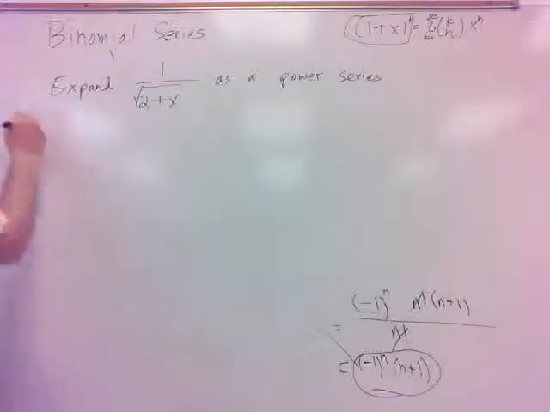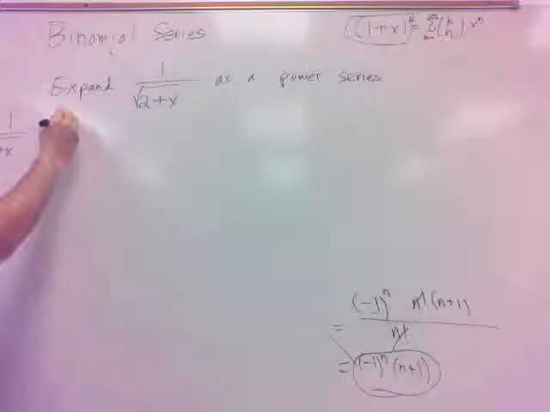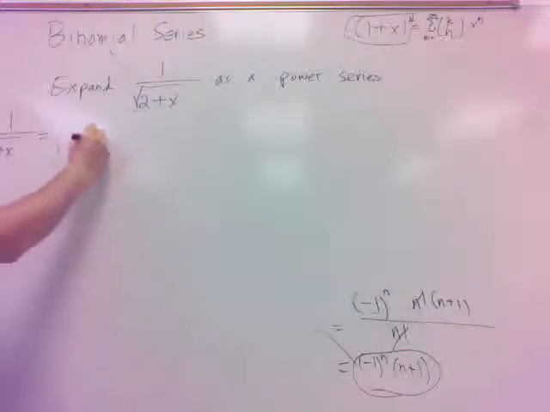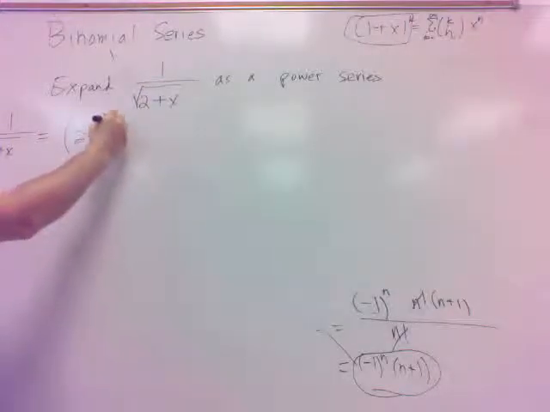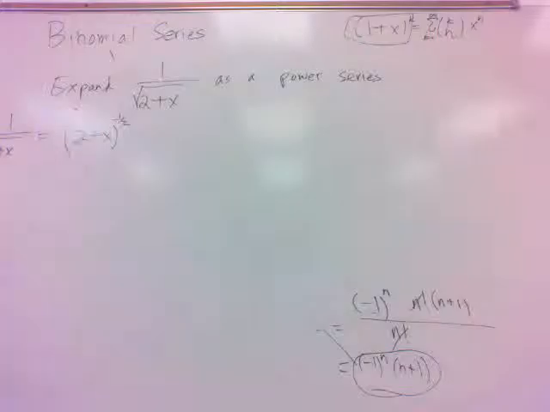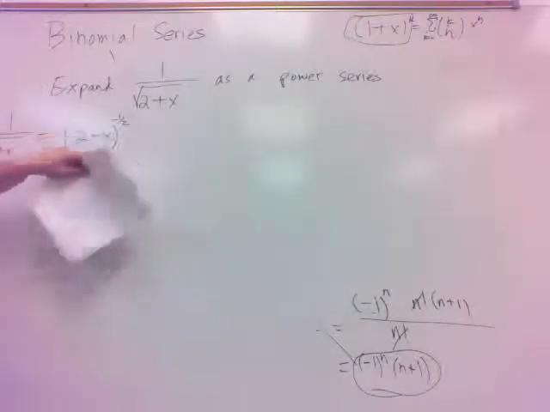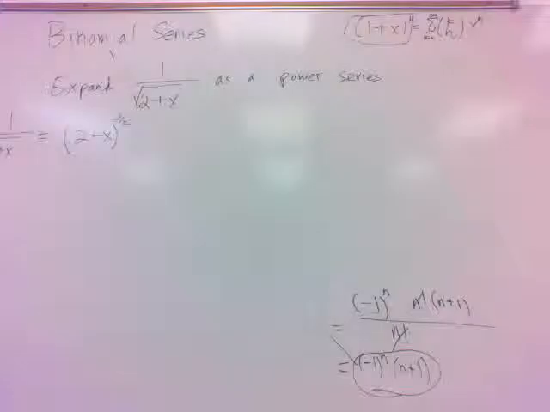Well, first of all, I would probably want to say 1 over the square root of 2 plus x is 2 plus x to the negative 1/2. That might be a good first step because I need something to the k power. But they don't like this 2 here, do they? That needs to be a 1.